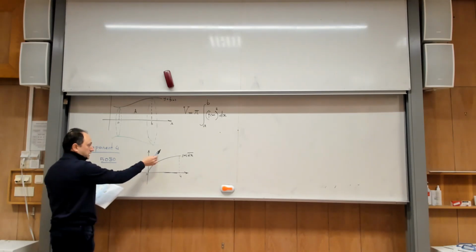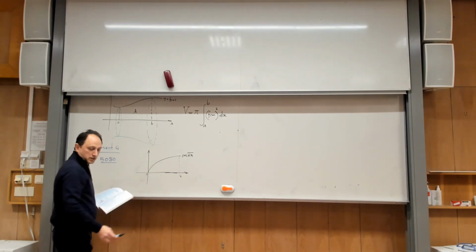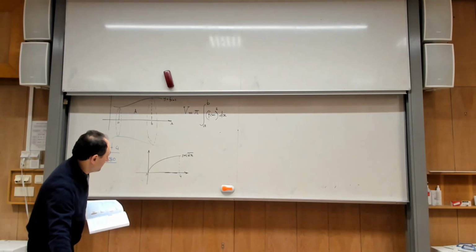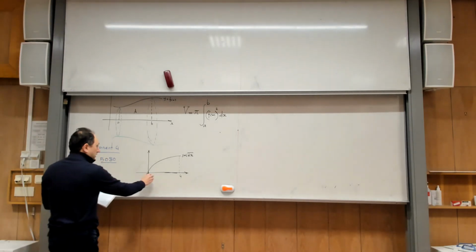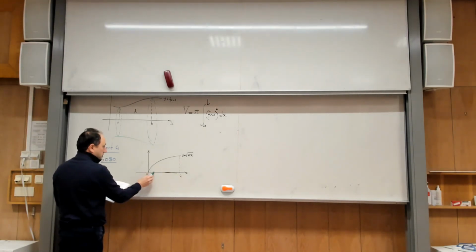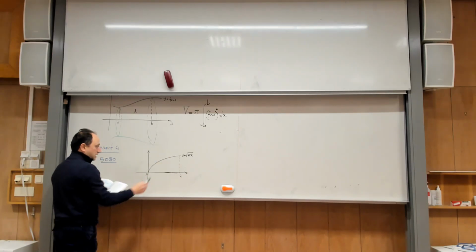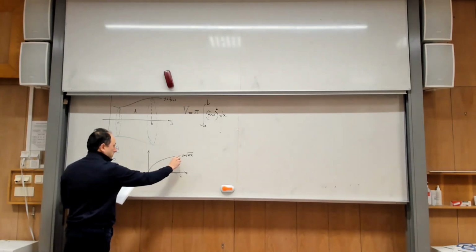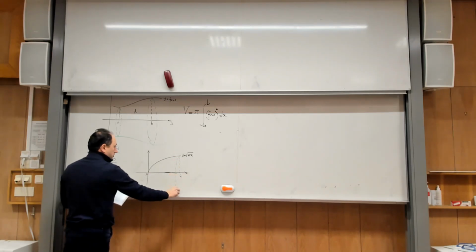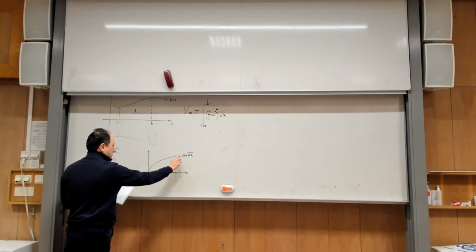You start rotating it about the x-axis. So what do you get? So this is the area. So you consider this area. And then you rotate this area about the x-axis. So hopefully you agree with me that this will generate something like that, yes?